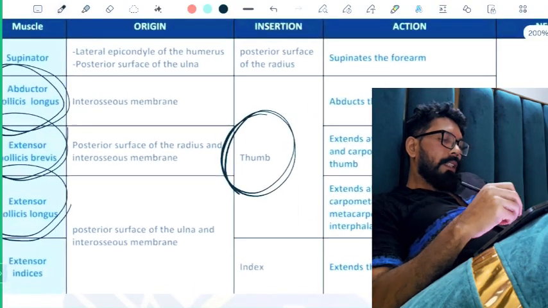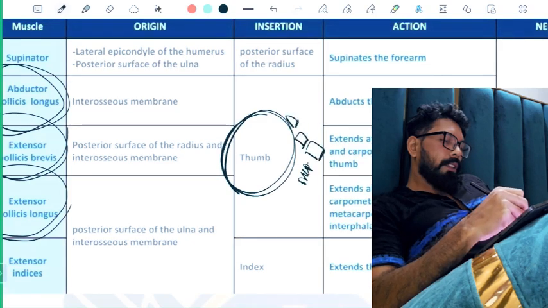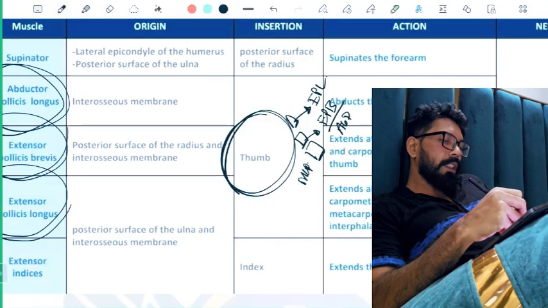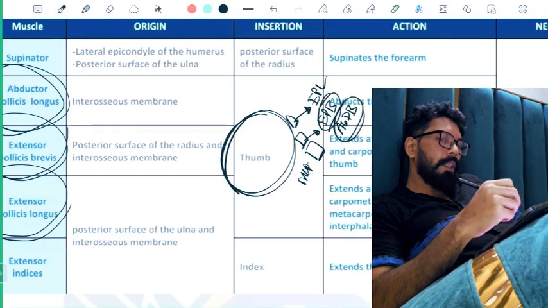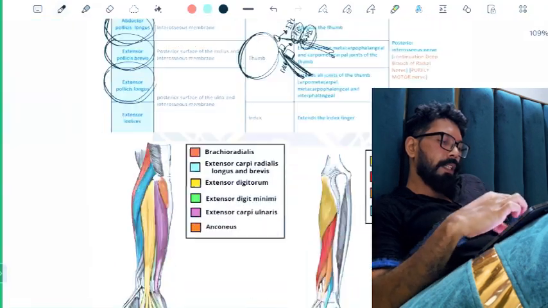See, if this is our metacarpal bone, this is our first phalanx, this is our second phalanx. So at the base of the second phalanx, we have extensor pollicis longus. At the base of the first phalanx, we have extensor pollicis brevis and abductor pollicis longus. The place is different, but these two are at this side and EPL at this side like this. We have pictures, don't worry.